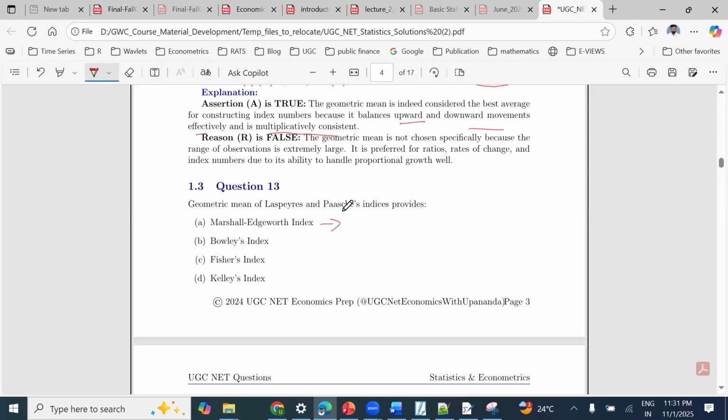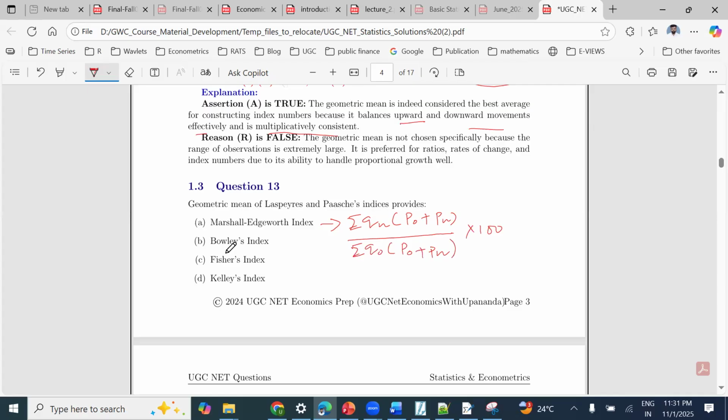It is basically summation Qn into P naught plus Pn, upon summation Q naught into P naught plus Pn, into 100. But what you have to remember here is that in Edgeworth-Marshall's index, it is the sum of base and current period quantities. That is very important over here.